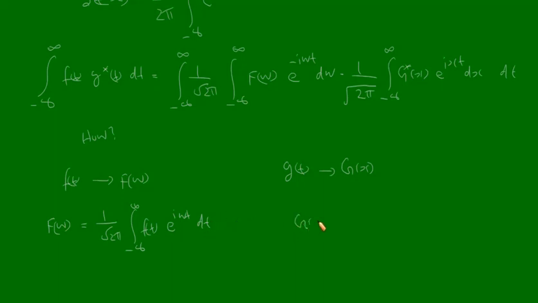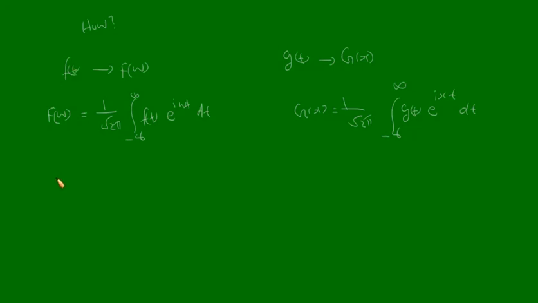Also, g of x will be equal to 1 by root 2 pi integral from minus infinity to infinity g of t into e raised to i x t dt. What will be f of t? f of t will be equal to 1 by root 2 pi integral from minus infinity to infinity. This will be the inverse transform. f of omega e raised to minus i omega t d omega.